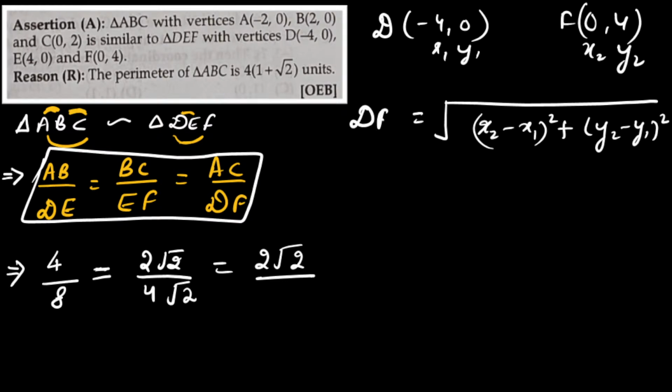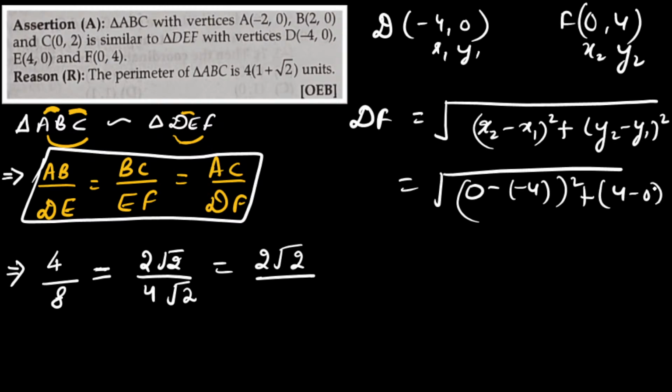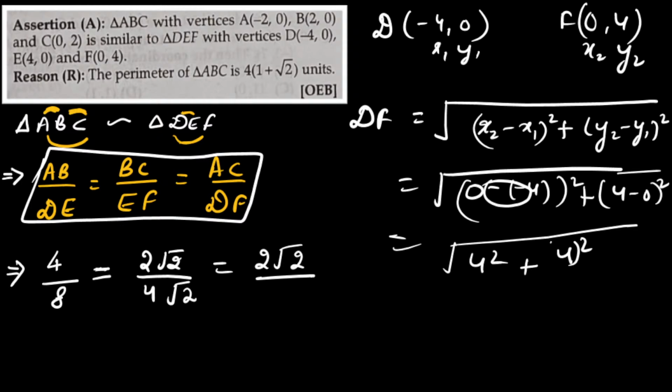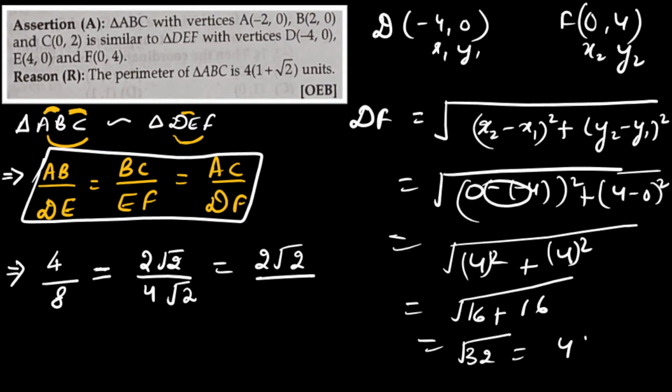So DF we are finding: x2 is 0 minus minus of minus 4, whole square, plus y2 which is 4 minus 0, whole square. So here also minus minus will become plus. So 0 plus 4 is 4. 4 square plus 4 minus 0 is again 4. So 4 square plus 4 square becomes 16 plus 16, like we did in the previous part also. So 16 plus 16 is root 32. Root 32's value is 4 root 2. So I will write here 4 root 2.